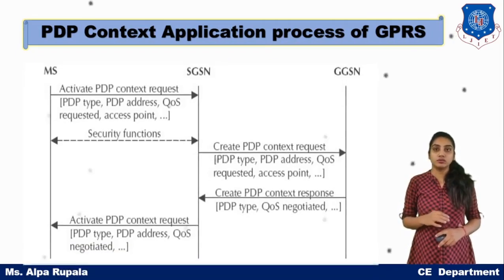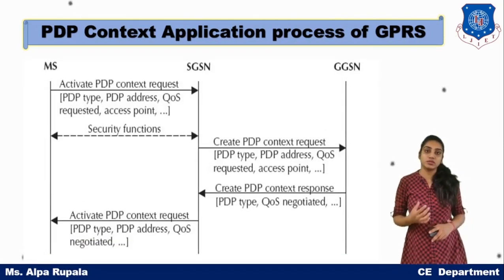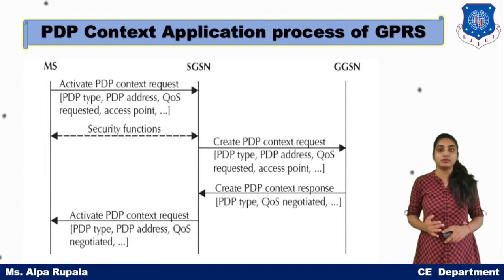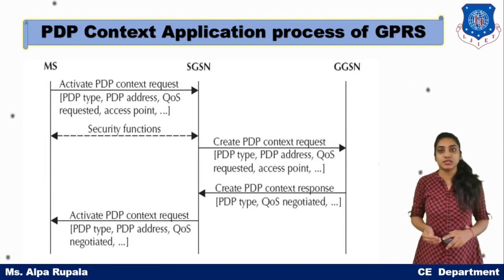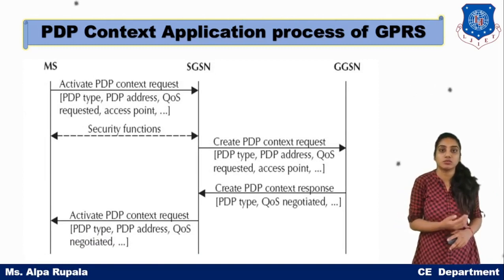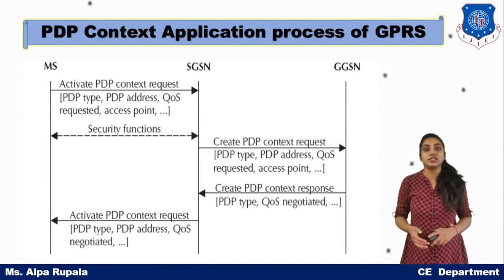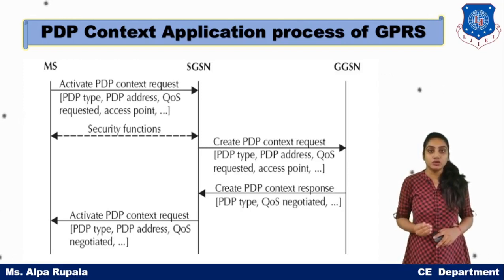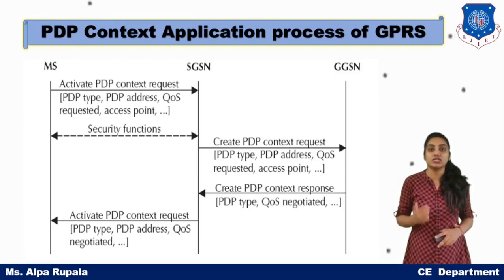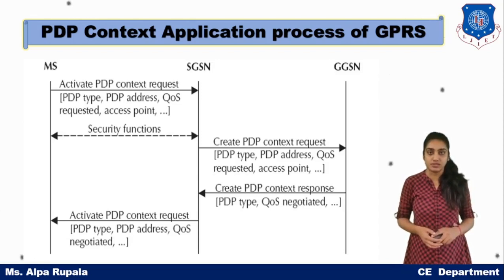First of all, to understand this we need to recall our concept of the MS, that is your mobile station, SGSN, that is your serving GPRS support node, and GGSN, that is your gateway GPRS support node. We all know that in the replacement of MSC in GSM, we have SGSN in GPRS.